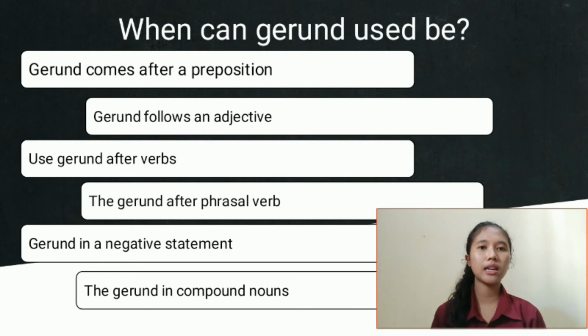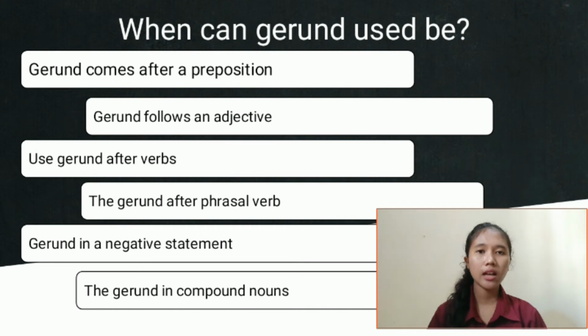The fifth is gerund in a negative statement. Gerunds are made negative by adding not, and I will give the form in the next slide. The last is the gerund in compound nouns.